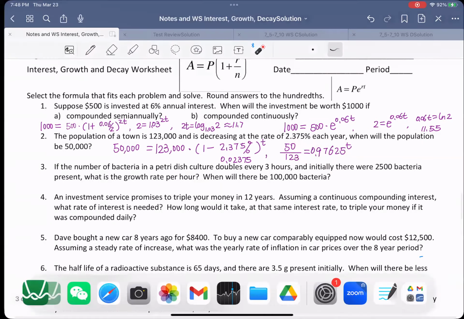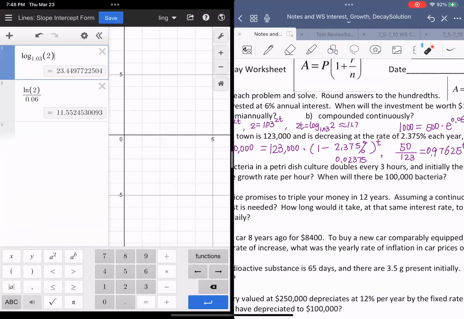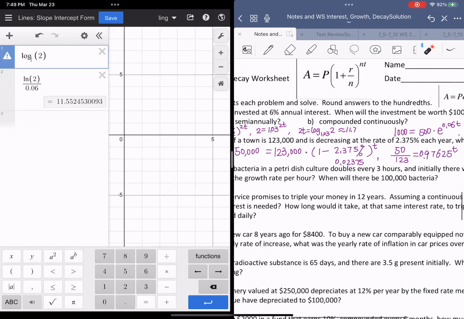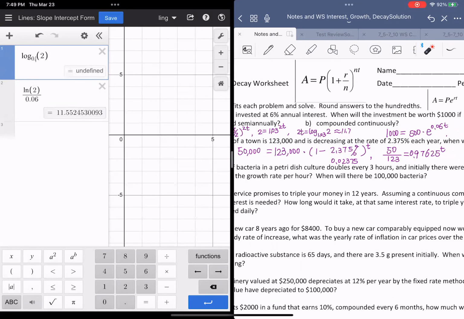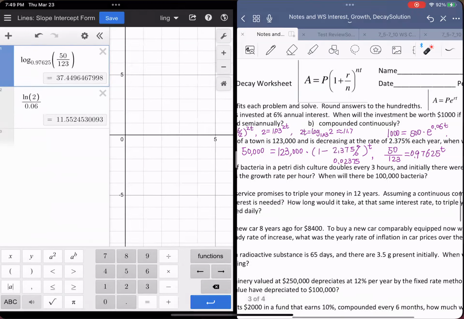Okay, so we will do this here, and then put this here. This is a fraction, 50 divided by 123. Okay, so that's about 37.45 years.